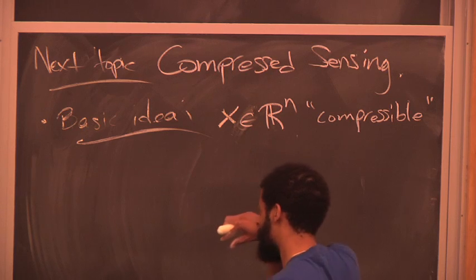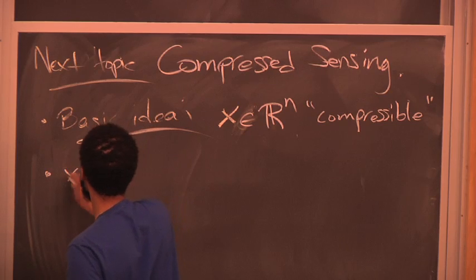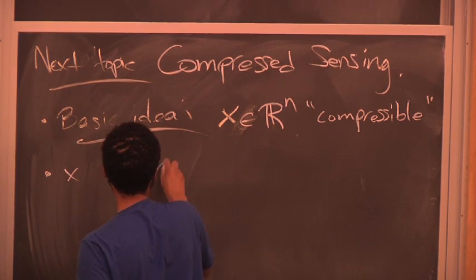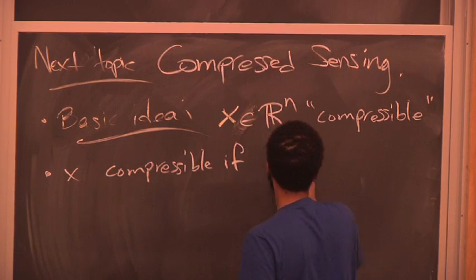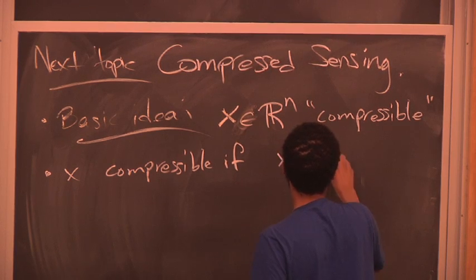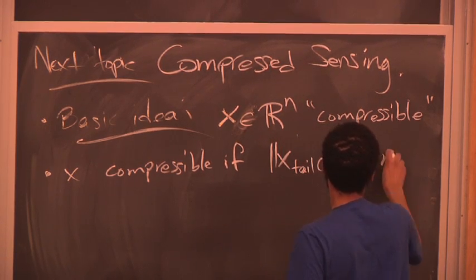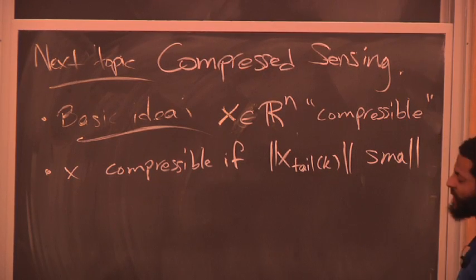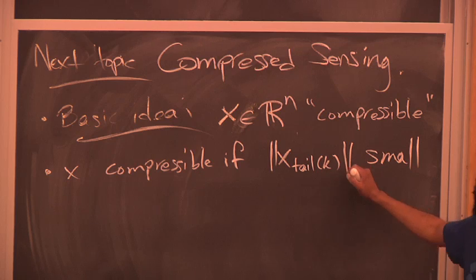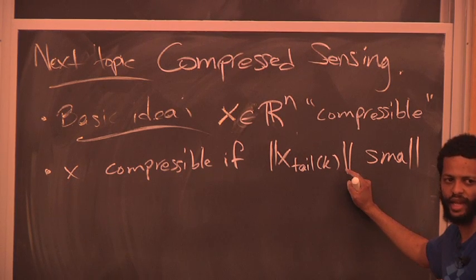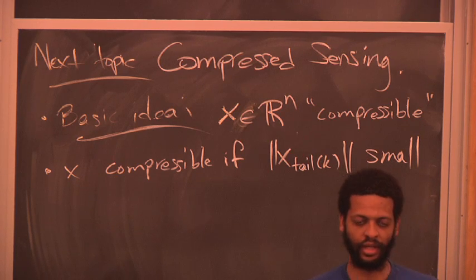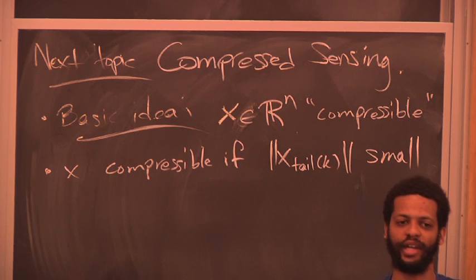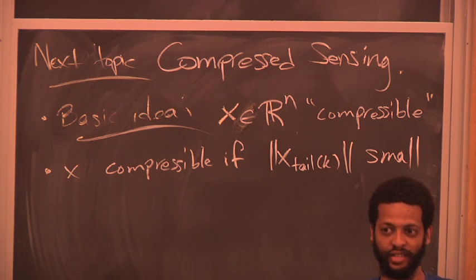So x is compressible if, let's say, x tail k is small. I haven't specified the norm. And what do I mean by x tail k? I think I've used this notation before when we were talking about count-min sketch. Basically, look at the vector x. Look at the largest k entries of x in magnitude. Those are what I'll call the head coordinates.